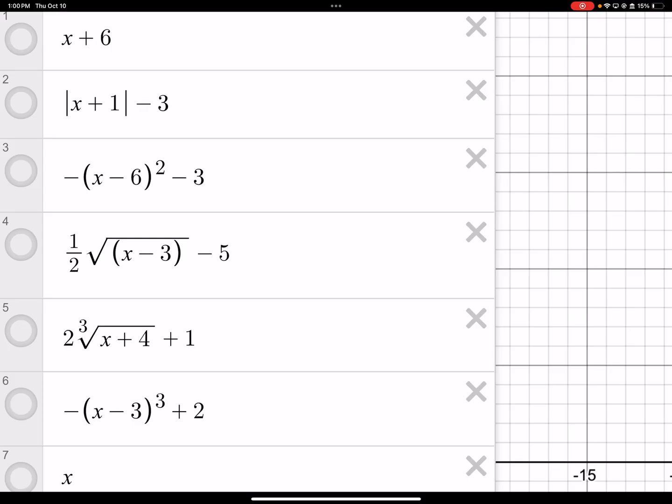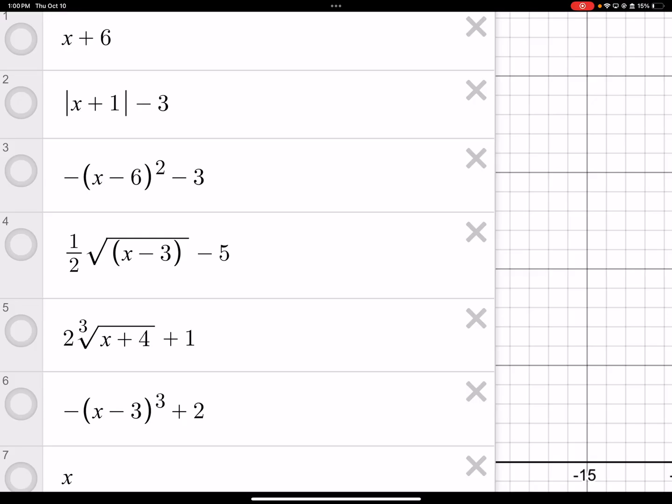Did the first one move at all? It went up and down, right? What do the rest of them have in common? They went left or right, but how did we know it was going to go left or right as opposed to going up and down? What's different? They're inside parentheses. Okay?